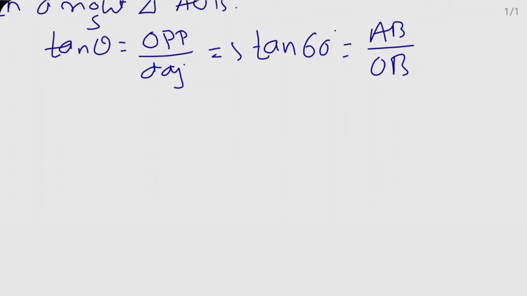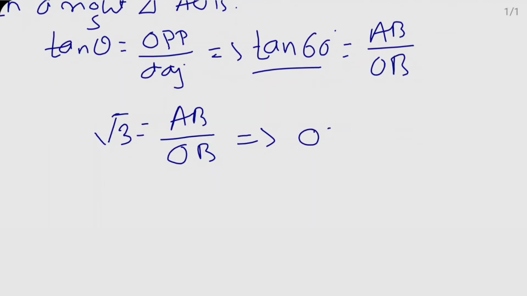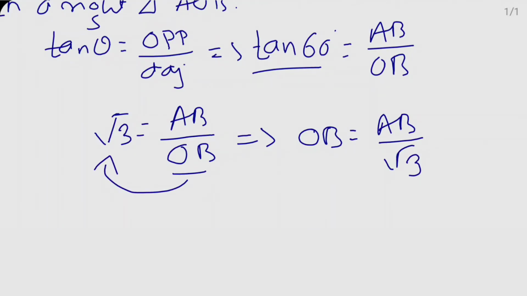And here we know the value of tan 60, that is root 3, equal to AB by OB. So this implies OB equal to AB by root 3. OB comes to the LHS side, it becomes a multiplication, and root 3 comes to the RHS side, it becomes a division. So here OB is equal to AB by root 3.